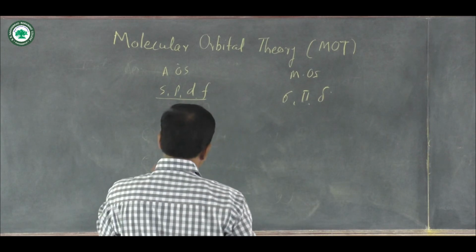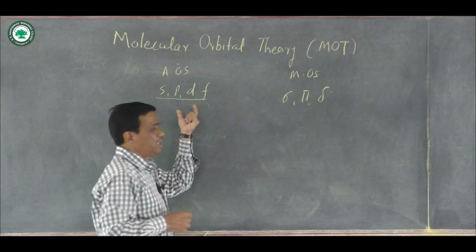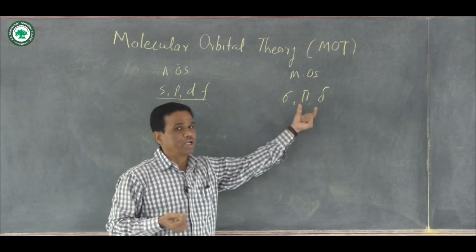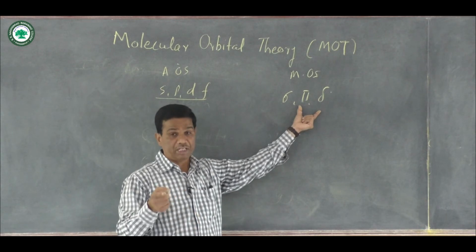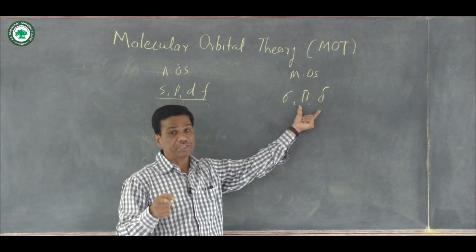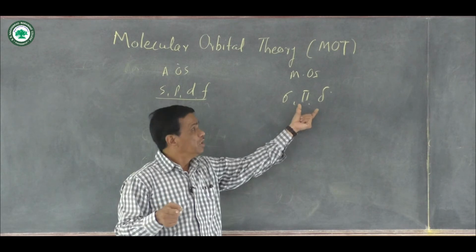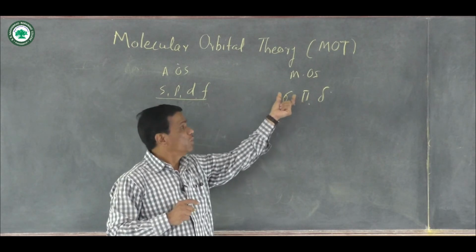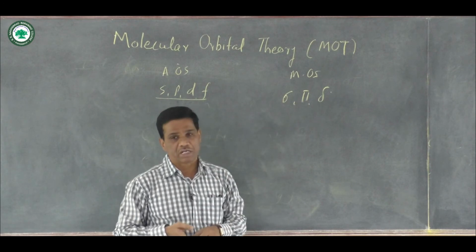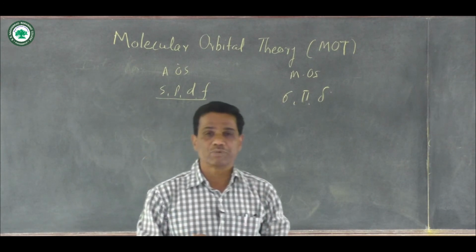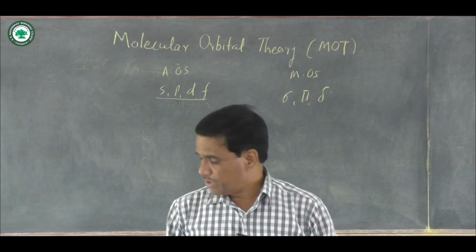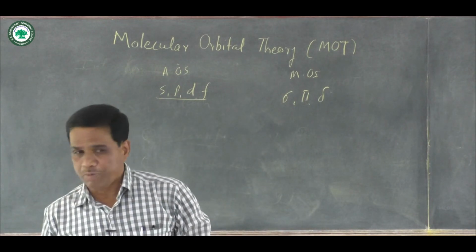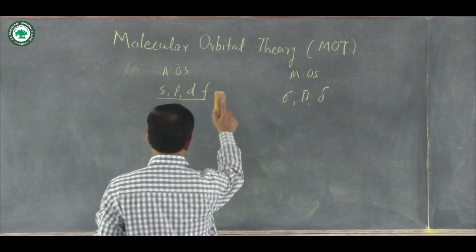Like that these atomic orbitals are independent, but molecular orbitals are dependent upon the combination of atomic orbitals. Their identity depends upon what type of combinations occur, and these are some comparison points between the atomic orbitals and molecular orbitals.